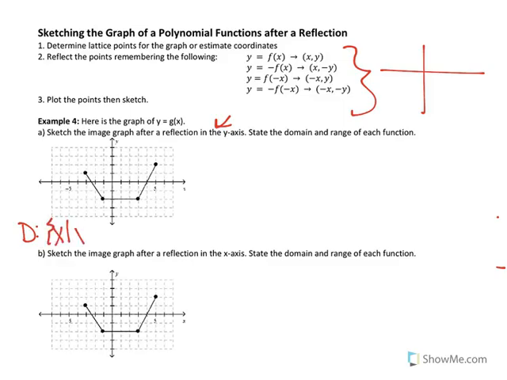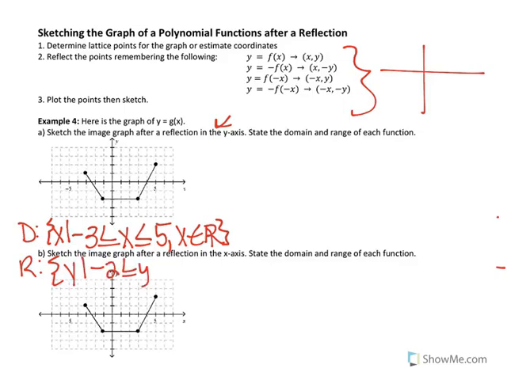So our left, it goes to the left. -3 is our furthest to the left, and 5 is our furthest to the right. So there's our domain. And our range, it looks like it goes from -2 to 2.